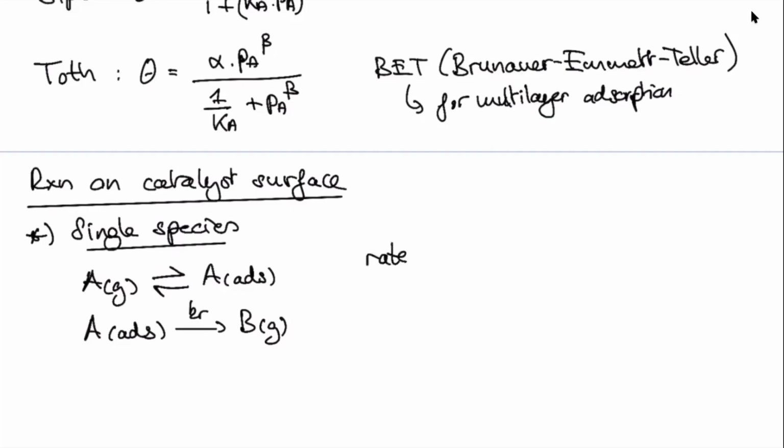So the rate V would be Kr times theta A, which would be Kr times Ka times Pa over 1 plus Ka times Pa.